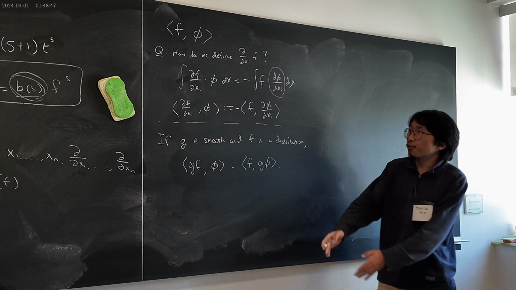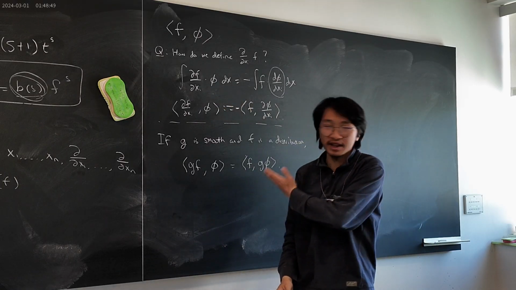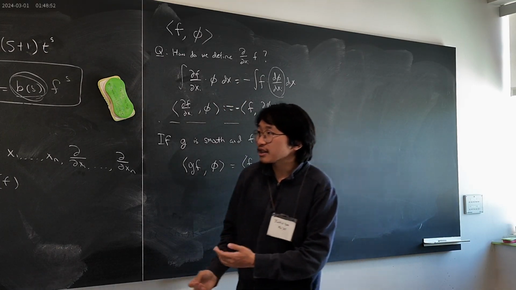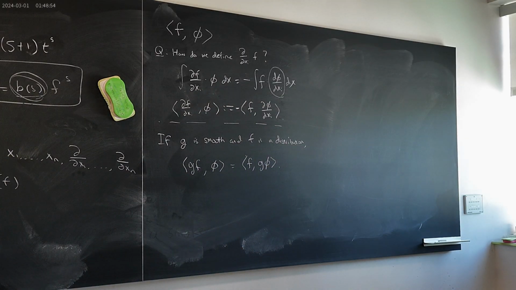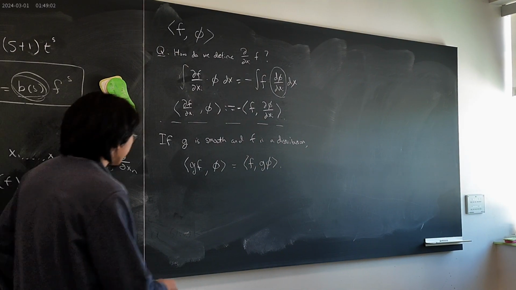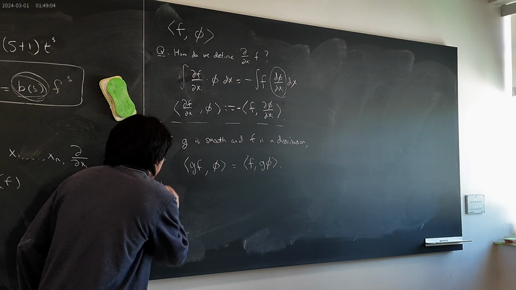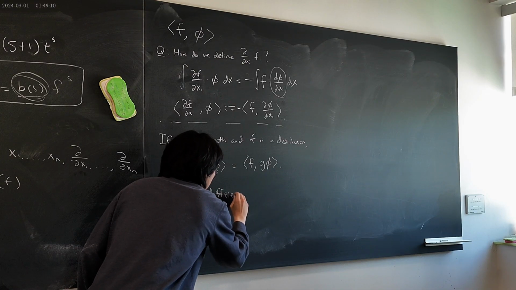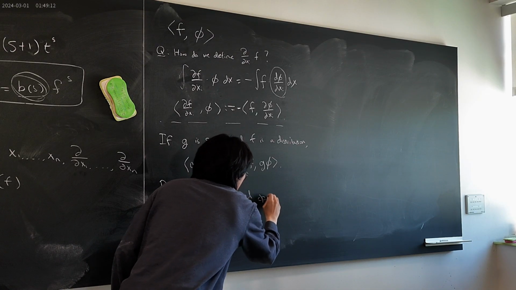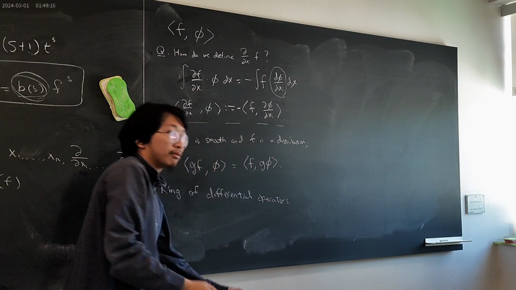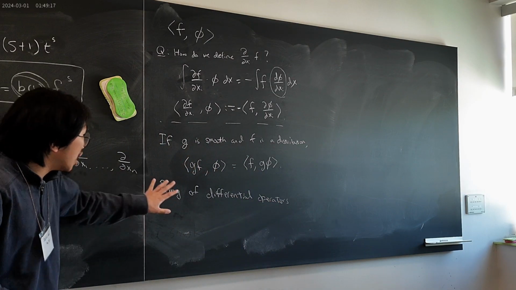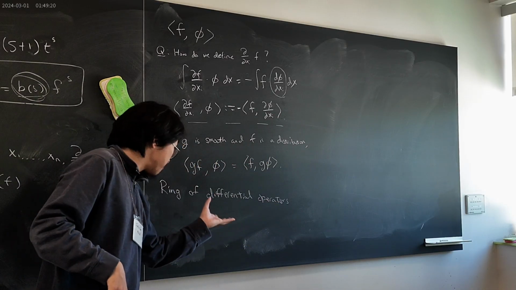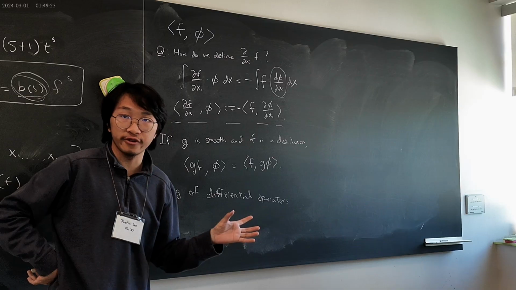Now, if we can differentiate the distribution and multiply it by a smooth function, then what happens is what I alluded to earlier, which is the ring of differential operators, which you will recall you can think of as sums of partial derivatives with polynomial coefficients.